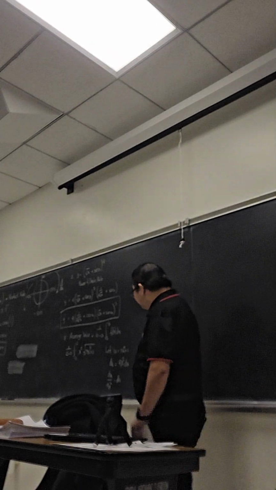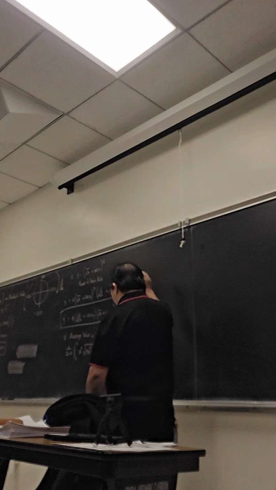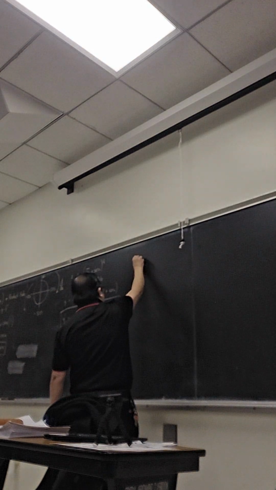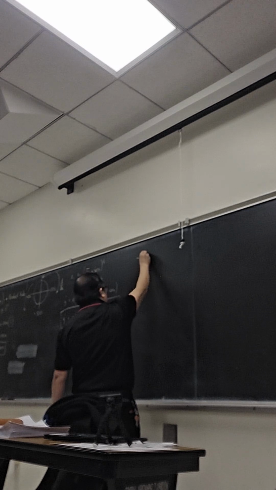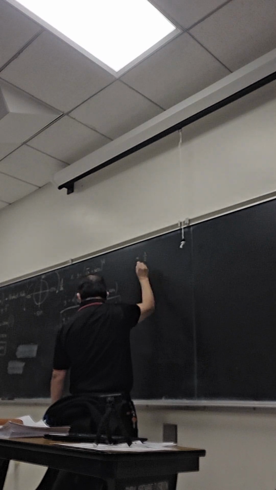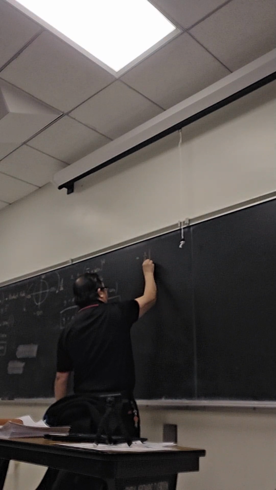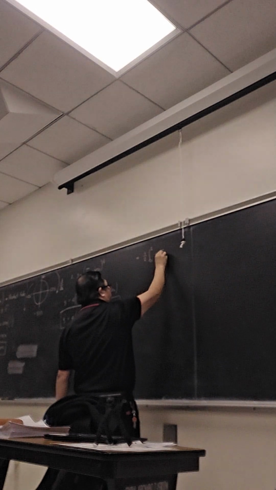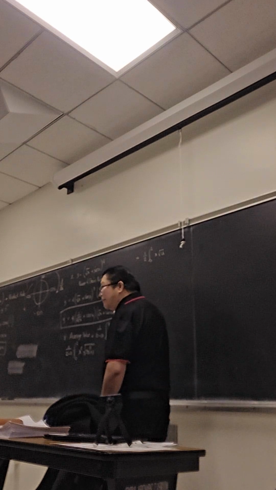So, I'm gonna continue right here. So we have 1 over 2, or 1/2, the integral from 0 to 2, and you have x squared times.